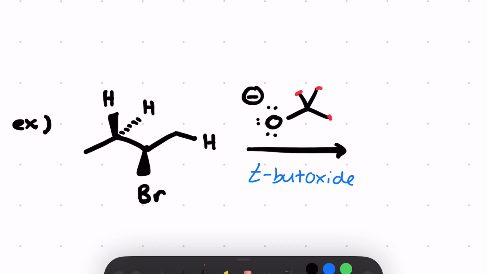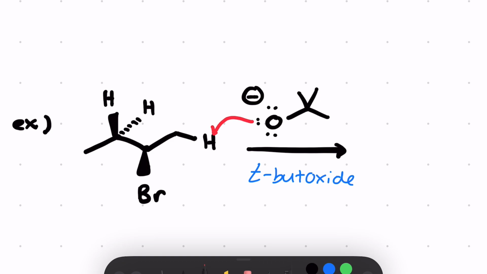These are very, very bulky, and they're hindering the base from really getting in there and taking the proton that we took last time. So in order for us to still make the process of elimination, but also make sure that we don't encounter too much steric hindrance, we're just going to pick the proton that's on the less substituted carbon, right? That's a good way to think about it.